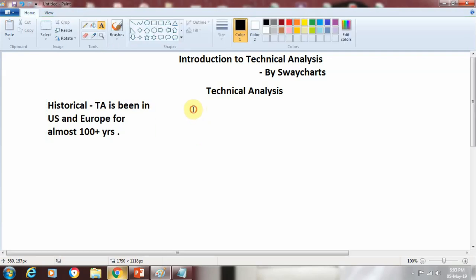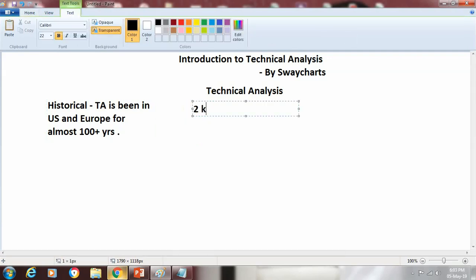There are two key things in the market. Those two key things are price and the second is volume.